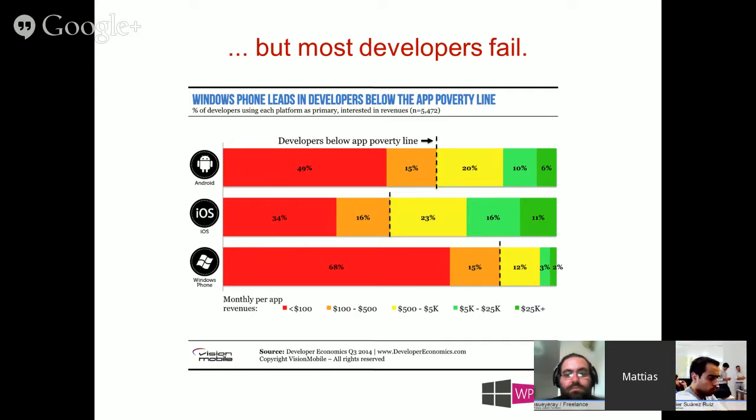But the reality is that most people who build their app will not be making much money with it. So the question is how to differentiate from the 49% or 34% or 60 or 68% of people who are making less than $100 with their app in a month.